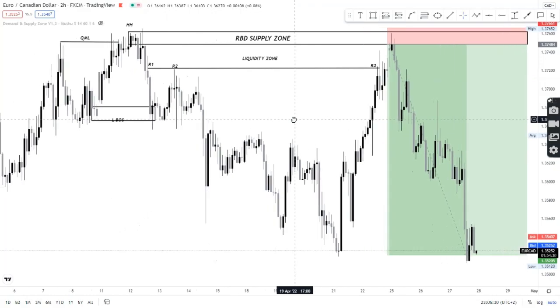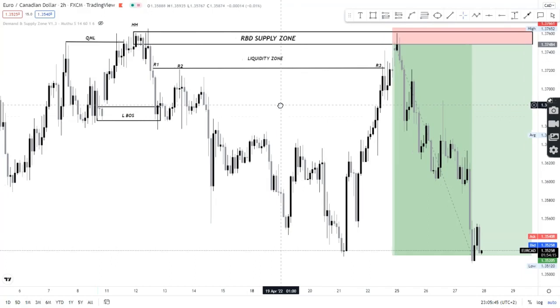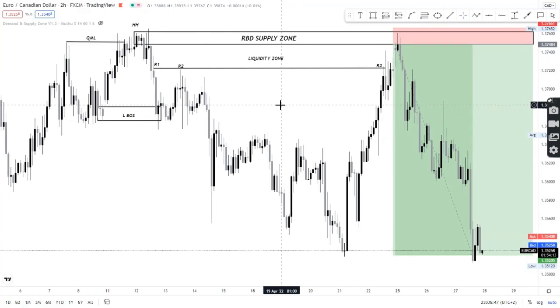It doesn't happen as many times as you guys are thinking it does. So just continue to identify your structures, like I've shown you. This is very important.